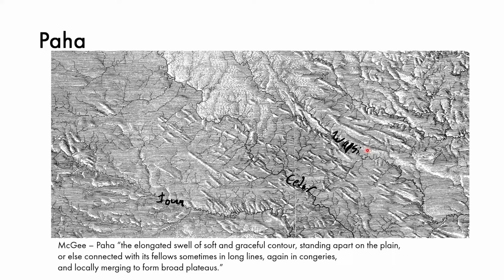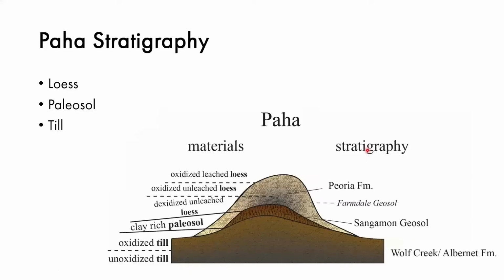You know, I like that flowery prose, but the thing is, that's not exactly how those paha look. They don't form congeries or groups, and they don't merge because they're not like a pod of whales. It's just, you know, inaccurate, but it sounds really nice.